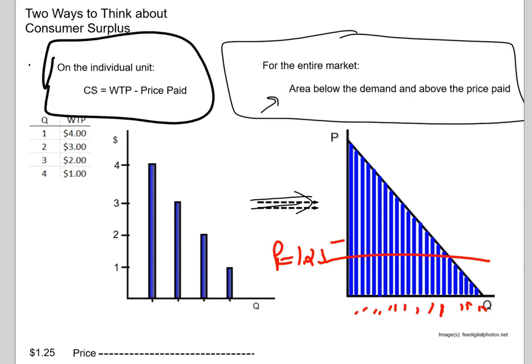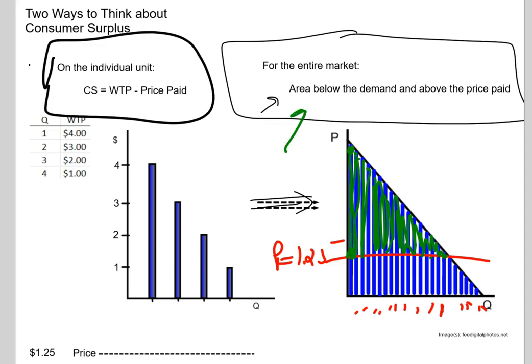So for all of these units that are purchased, the consumer surplus on that first unit is going to be the willingness to pay, which is what the demand curve tells us, all the way down to the price that consumers had to pay. And for the second consumer in the market, that's their consumer surplus in green, and the third and the fourth. If I keep shading in each of the individual units that are purchased, the difference between what consumers are willing to pay and the price they pay, as long as demand is a straight line, which it will be in this class, then that shape looks like a triangle.